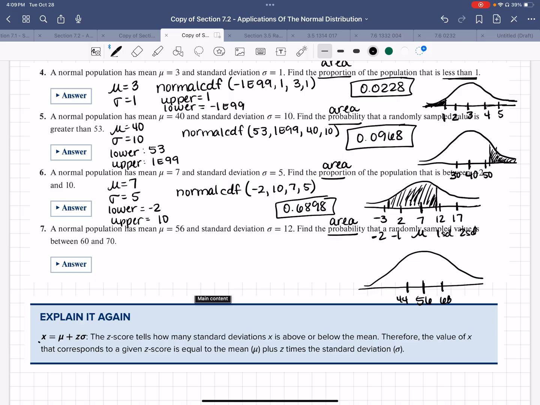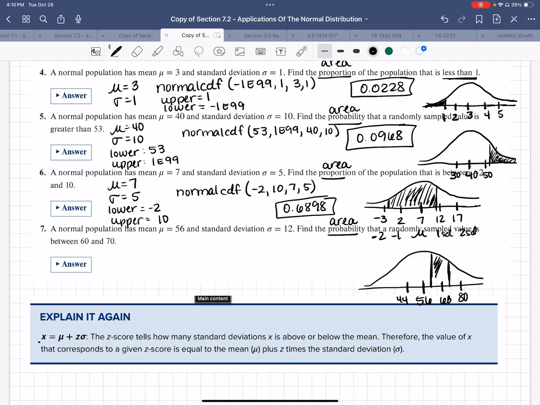Okay, it says find the probability that a randomly sampled value is between 60 and 70. Okay, well, let's look at what 2 standard deviations above are going to be. So if I add 12 to 68, that gives me 80. Okay. We want between 60, so we're talking from about right here to 70.